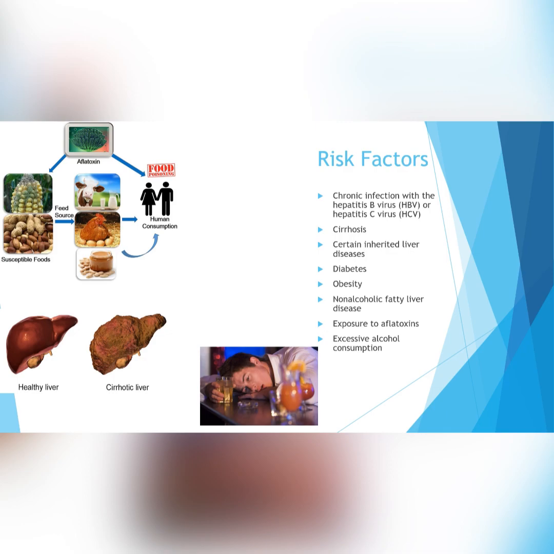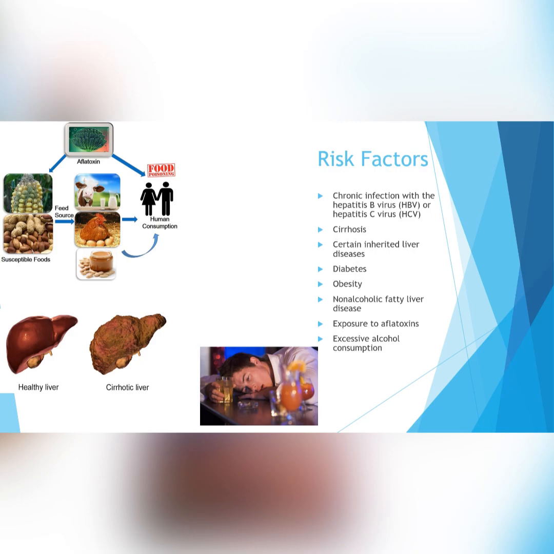The risk factors for liver cancer include chronic infection with hepatitis B or hepatitis C virus, and cirrhosis, as you can see in the picture in the lower left, and certain inherited liver diseases, and family history, or you inherited carcinogenic genes, diabetes, obesity, non-alcoholic fatty liver disease, exposure to aflatoxins, which you can see in the upper left picture.